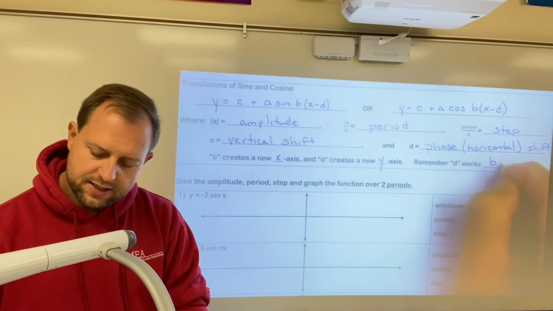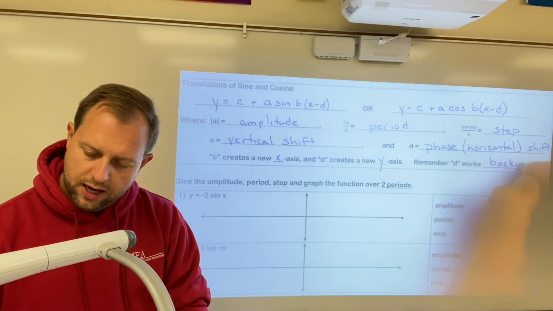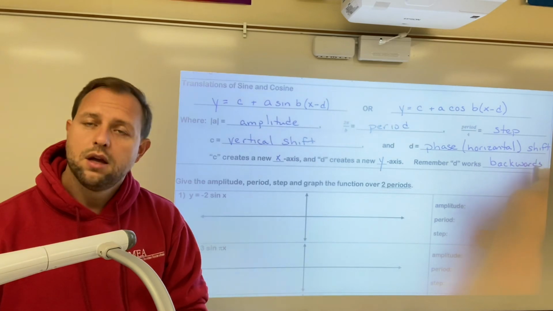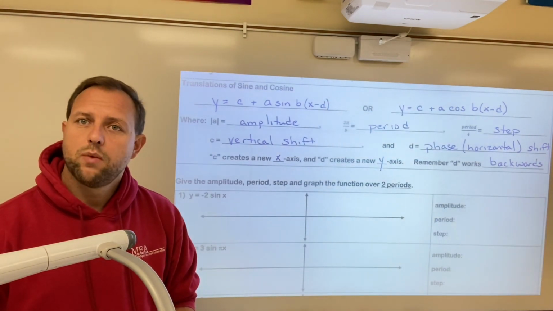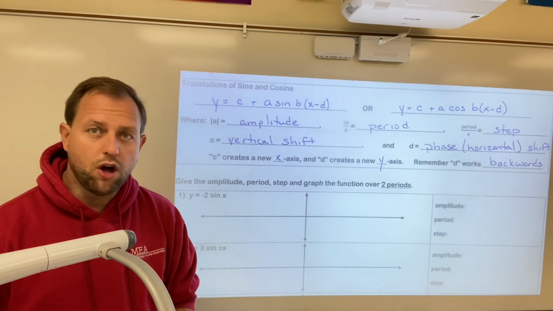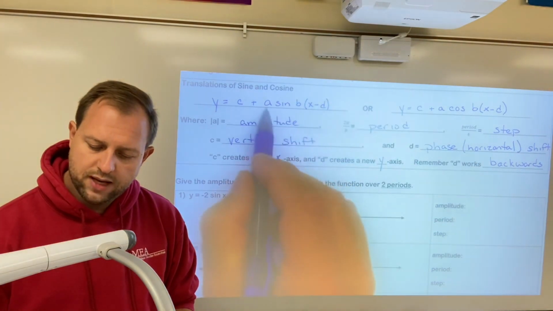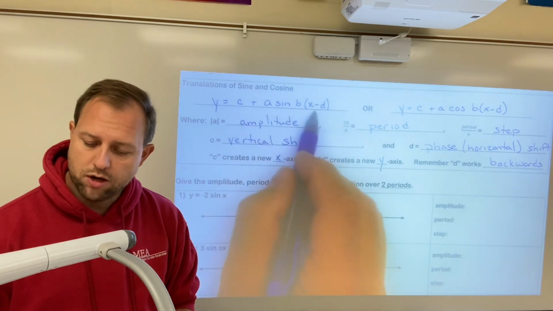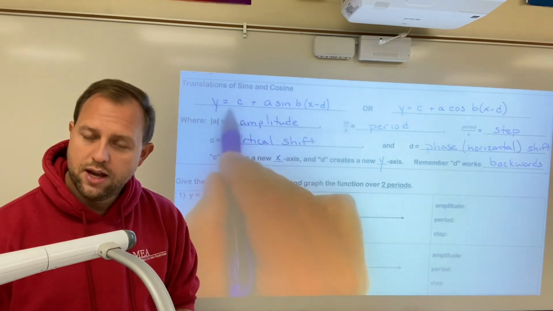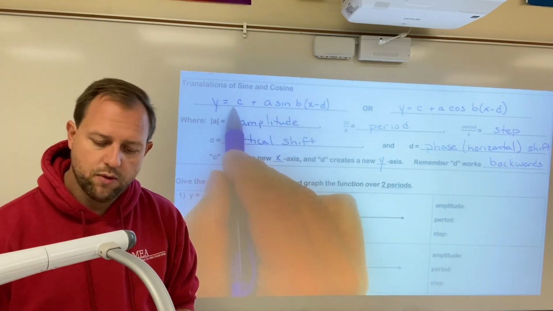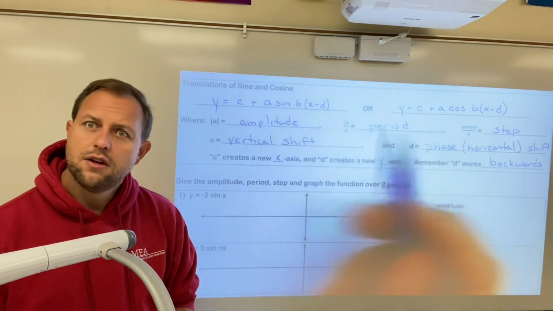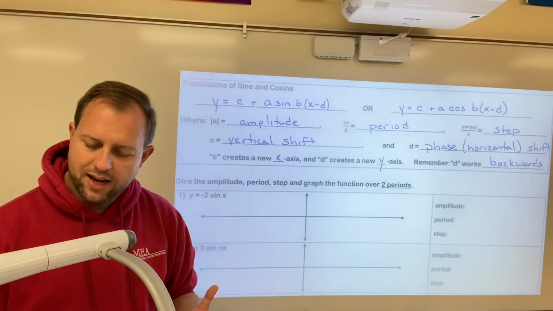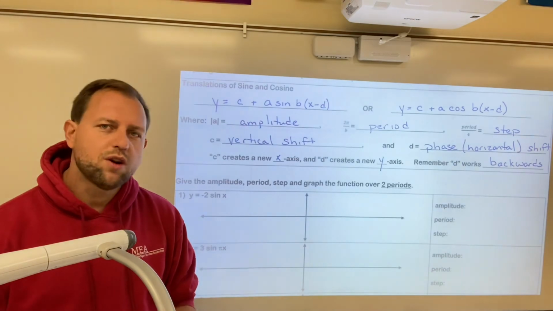And that is the same as we saw in Algebra 2 with all the other functions, except we were using h and k. H worked backwards, x minus h, and k was somewhere else in the equation, added I think usually at the end. These functions all work the same way.